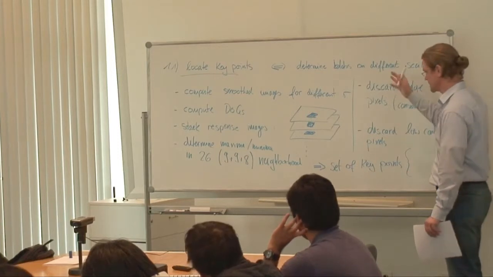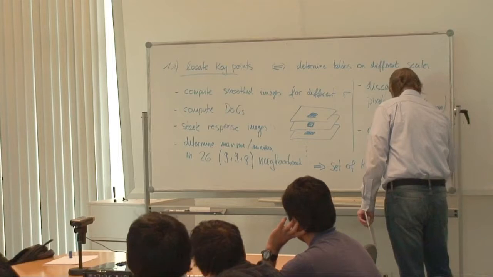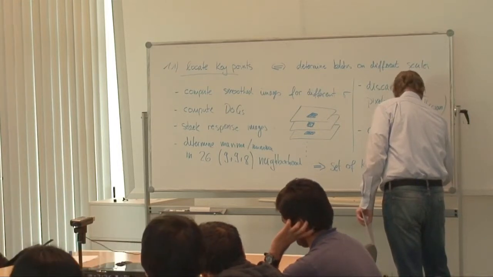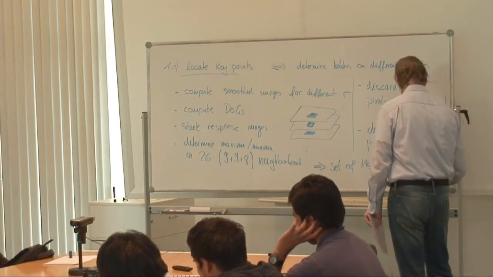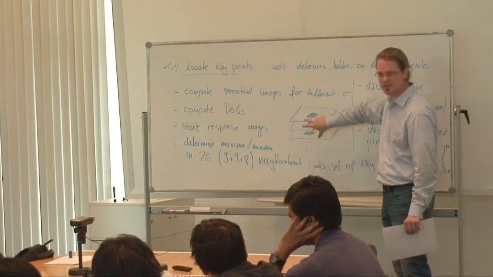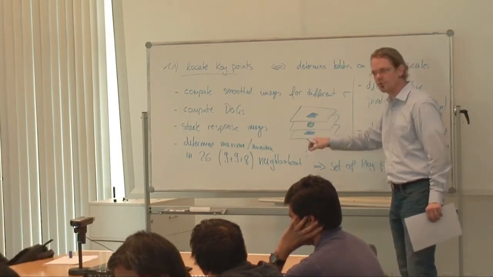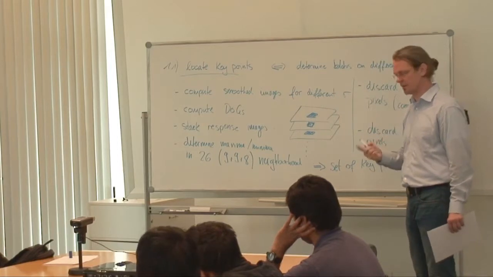So doing this, we find n key points, and of course, as always, they have a spatial coordinate x_i, y_i, but from looking at these 26 neighborhoods, not only do our key points have a location, they also have a scale.